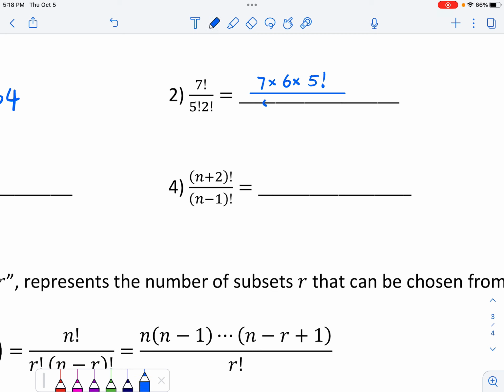I want to save a little writing time, and I know it will cancel. So, over 5 factorial times 2 factorial. Now 5 factorial and 5 factorial cancel, so we have 7 times 6, which is 42. 2 factorial means 2 times 1, which is 2. So divided by 2, this is 21.